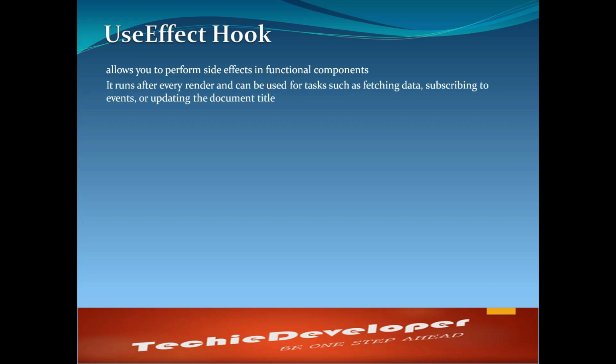It runs on every render, as I will show you in the syntax. Whatever function you write inside useEffect will run as soon as the component is rendered. If we don't provide any conditional logic, it will run on every render.